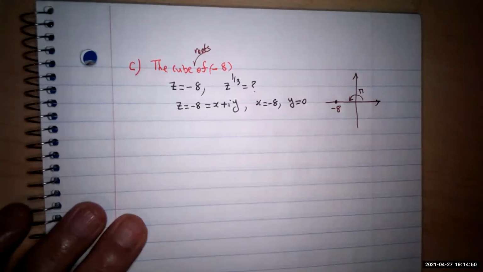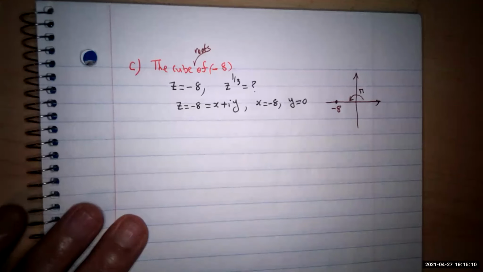If it were +8, what's the angle? 0, or 2 pi? No, just 0, because we pick only one solution. So if it was z equal to 8, you get 0. But if you get a negative number, it's going to be pi. You can check it with the tangent, but this is easier.